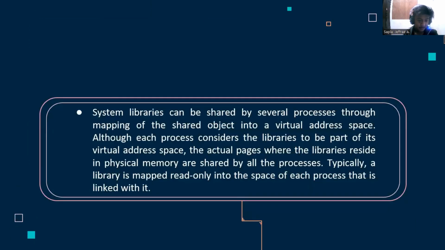System libraries can be shared by several processes through mapping of the shared object into a virtual address space. Although each process considers the libraries to be part of its virtual address space, the actual pages where the libraries reside in physical memory are shared by all the processes. Typically, a library is mapped read-only into the space of each process that is linked with it.